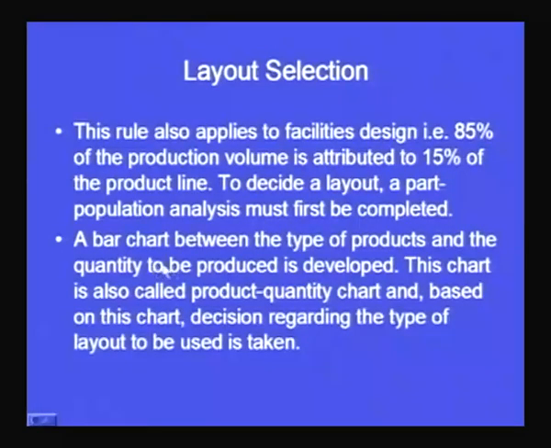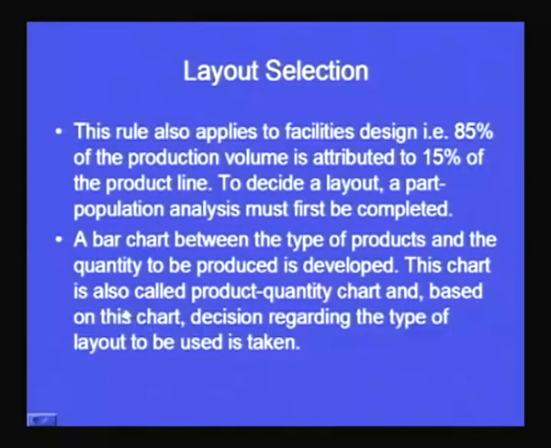A bar chart between the type of products and the quantity to be produced is developed. So how we are going to do this analysis is explained in this point. This chart we will see in the subsequent slide and try to understand how this analysis is done.